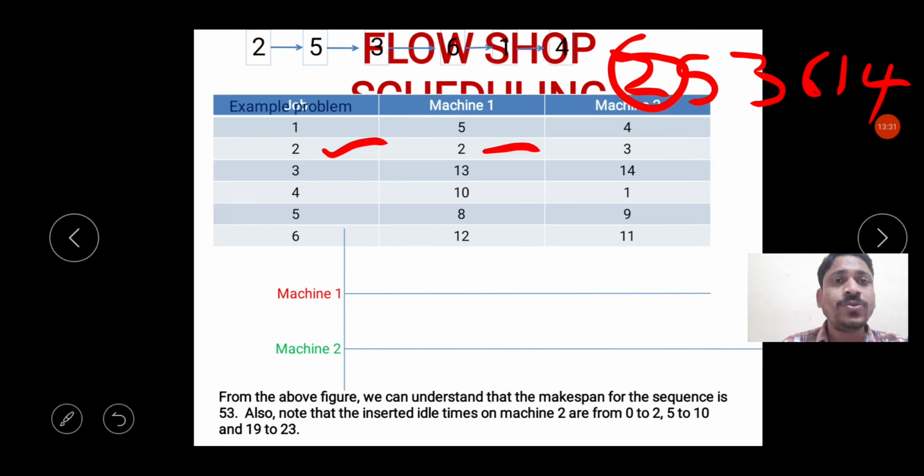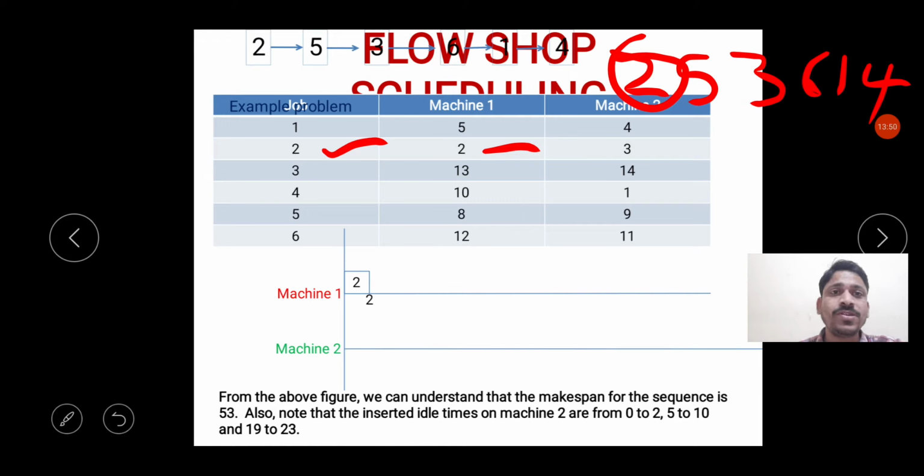So job 2 on machine 1 for 2 hours, as the table indicates, which is given in the problem itself. So on machine 1, this 2 indicates job 2 is processed for how many hours? It is for 2 hours.